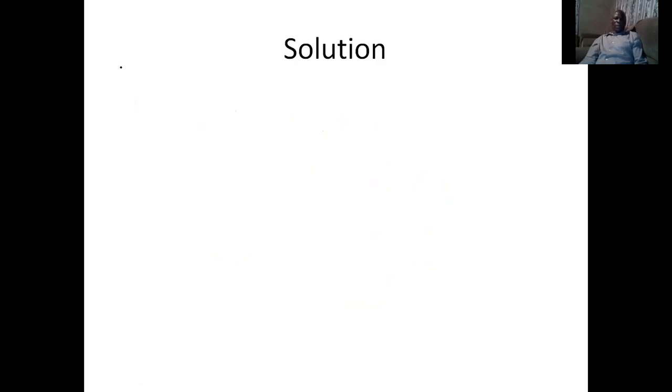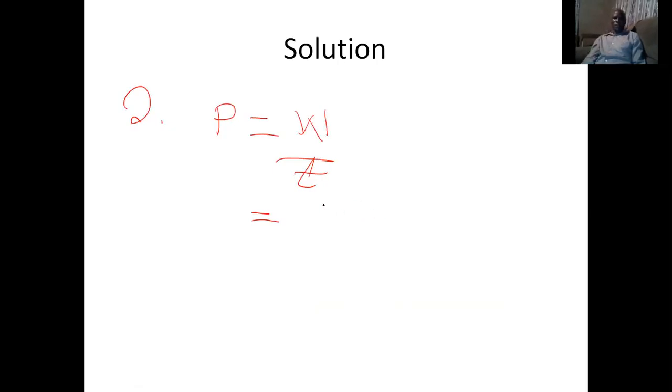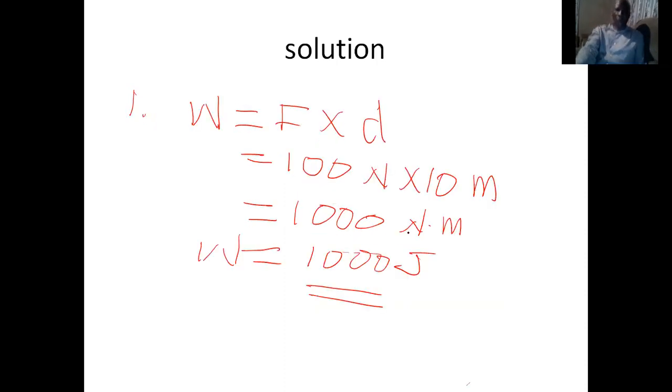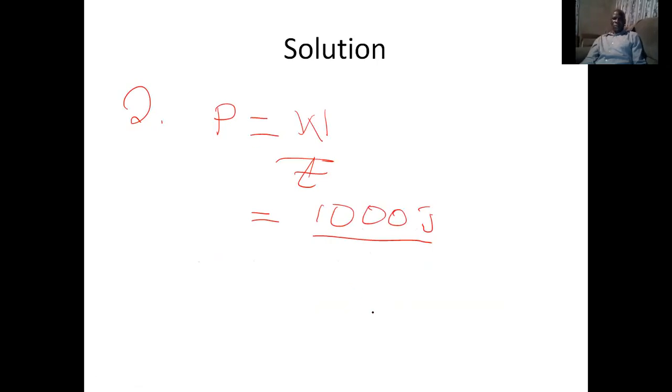The second part of the question is asking us to calculate power. We know that power is equal to work over time. And we have already calculated the work, which is 1000 joules, divided by the time, which we are told is 2 seconds.